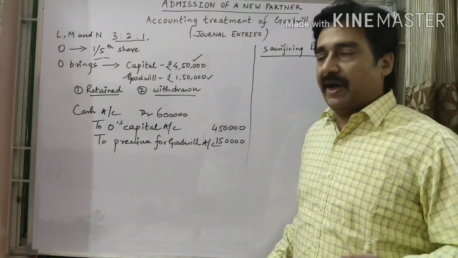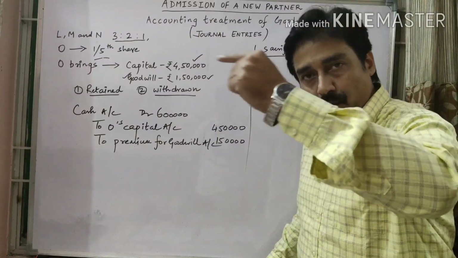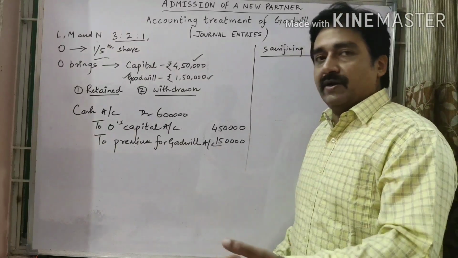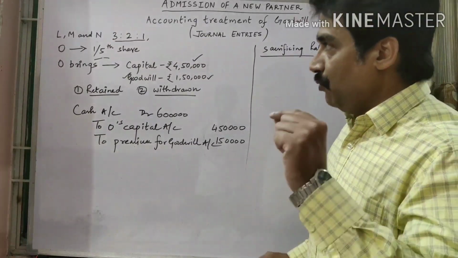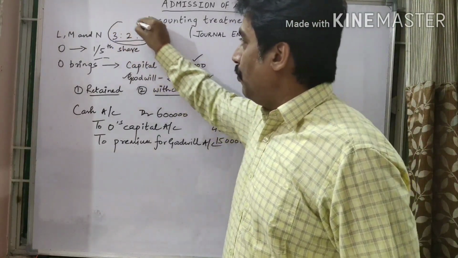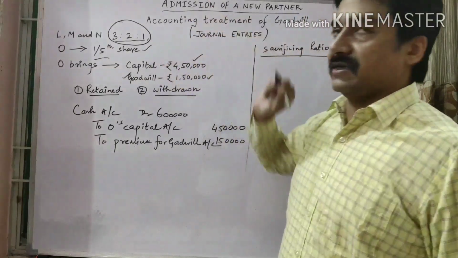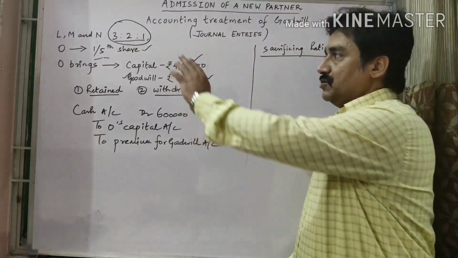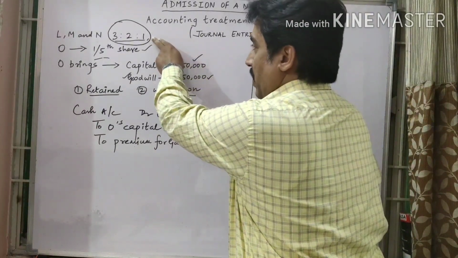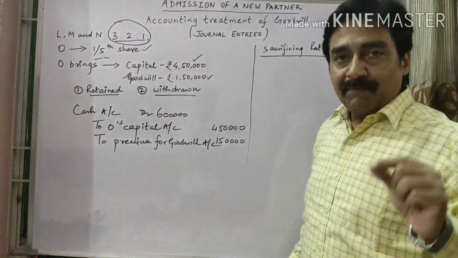It's not really about assuming. Even if you go on to calculate the sacrificing ratio with the whole process, that you calculate the new ratio and then the sacrificing ratio of the partners, you will find that the sacrificing ratio will always be equal to the old ratio in a situation like this, where it is only given that the old ratio is 3:2:1 or any other ratio, and the new partner's share is given as a single fraction.